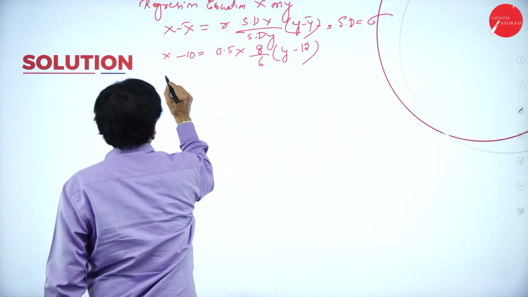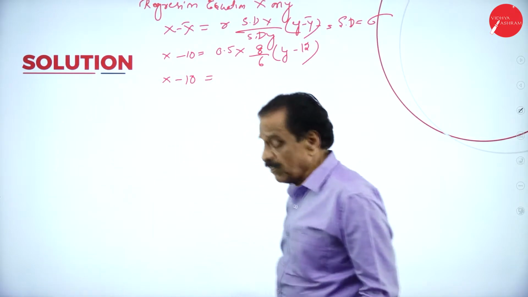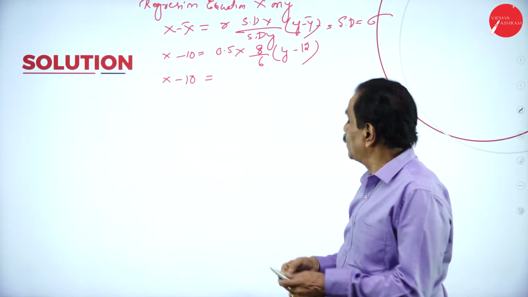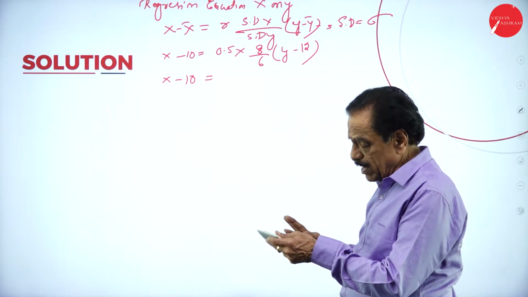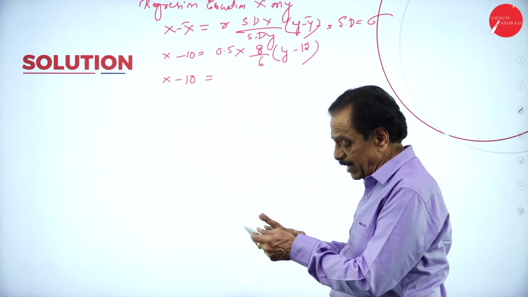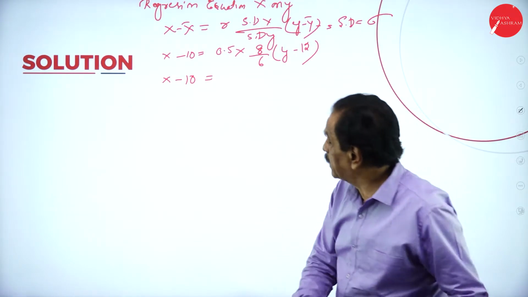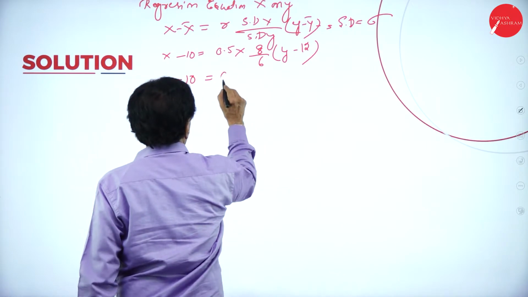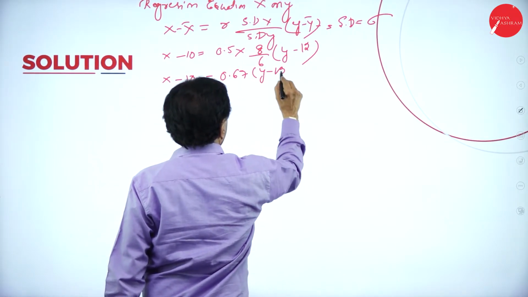Simplify this. X minus 10 equals 0.5 into 8 divided by 6, which is 0.666, we can say 0.67, into y minus 12.